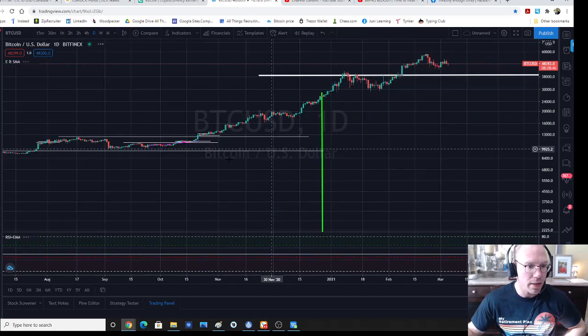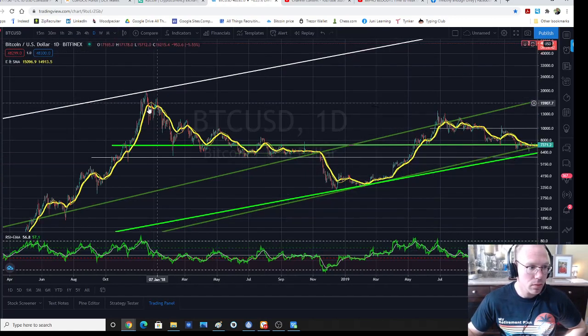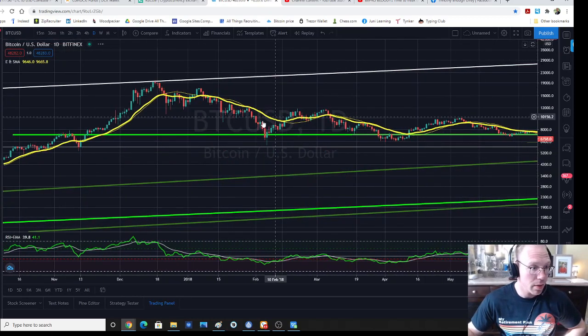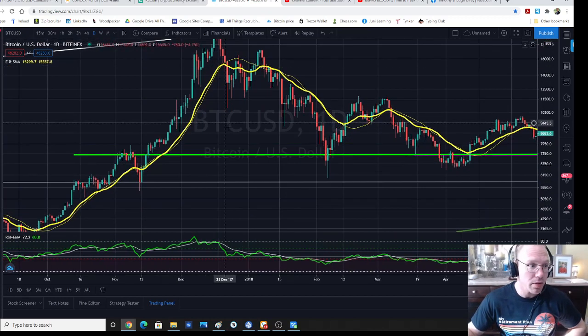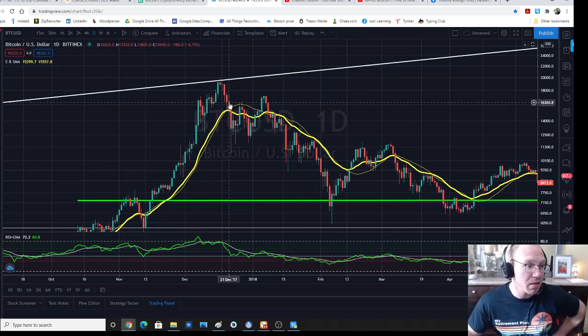So if you go down to the daily, it crossed over there, but price had already gone down, right? So maybe you could have looked at it kind of crossing, and maybe you caught it about right here at 16,000. That'd be pretty good.